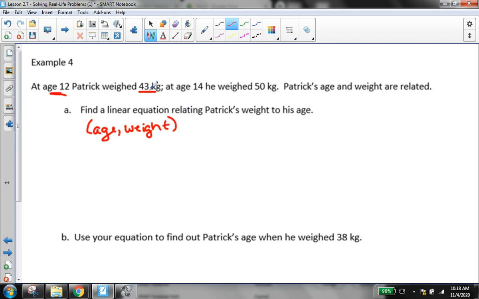So if I go like that, I don't see any slope in the problem because I don't see each or per popping up. I don't really see a y-intercept because I don't see a starts with. So I've got 2 points. I've got 12 matching up, so 12 years old, 43 kilograms. And then I see 14 years old matching up with 50.